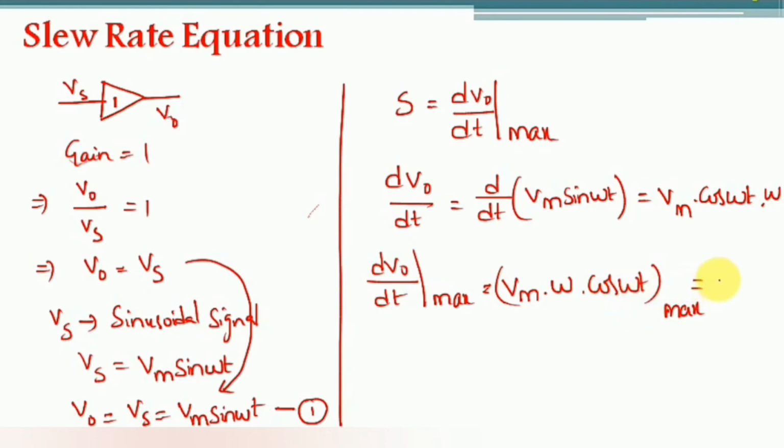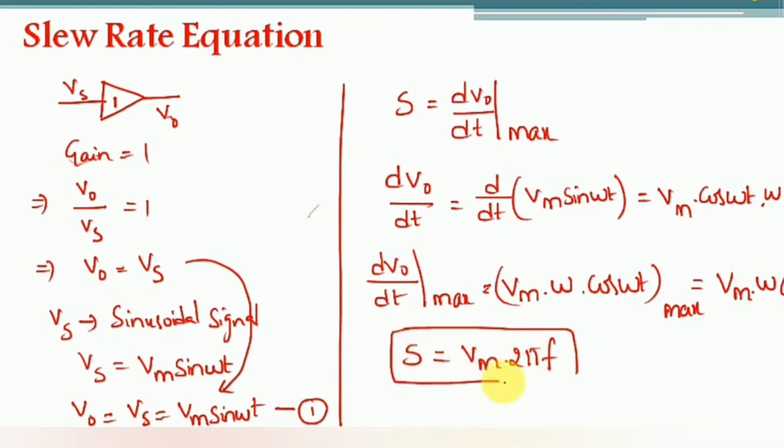So finally it is Vm into omega into 1. So the maximum value of dV0 by dt is nothing but the slew rate, which is equal to S, and Vm into omega, in terms of frequency, is Vm into 2 pi f. This is the expression of slew rate.